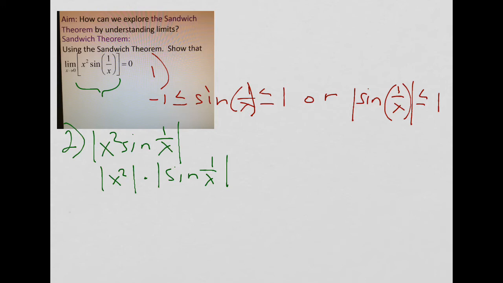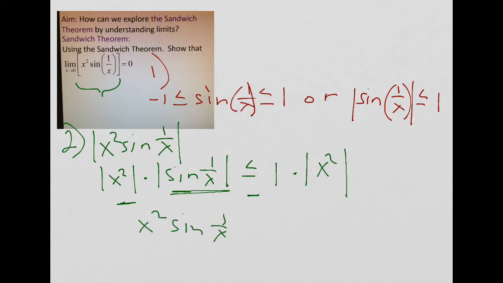And we know that this is less than or equal to 1, so that means if we multiply by the absolute value of x squared on one side of our inequality, we must do it to the other side. This is balancing an equation, just like we have been doing in years and years past. So here we get our expression x squared sine of 1 over x, and over here we have the absolute value of x squared.